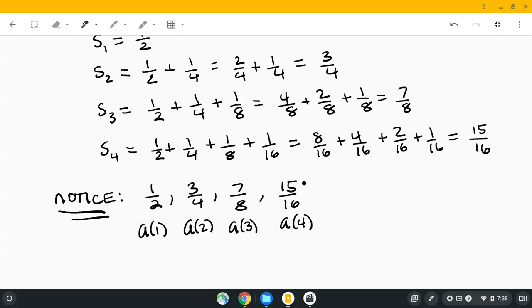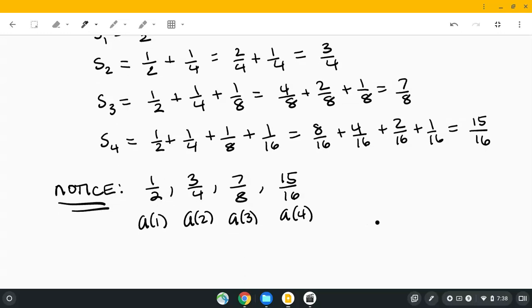So when you plug in 1, if you take a look at the bottom, that one's pretty obvious, I think. When you plug in 1, you get 2. When you plug in 2, you get 4. 3, you get 8. 4, you get 16. Okay, so those are powers of 2. That's 2 to the n. So we notice that here, so far, the sum has 2 to the nth for the denominator. And then if we notice here, when we plug in 1, we get 1.